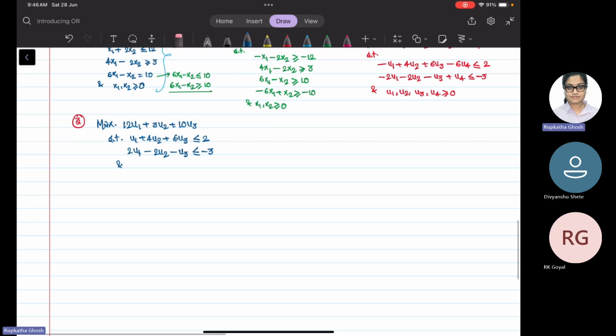But now your u1 is less than or equal to 0, u2 is greater than or equal to 0, u3 is unrestricted in sign. Unrestricted means it can be either plus or minus.